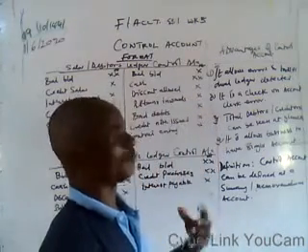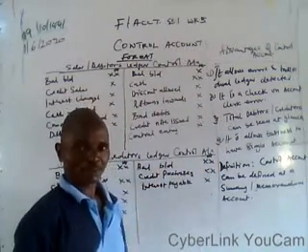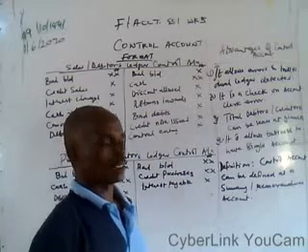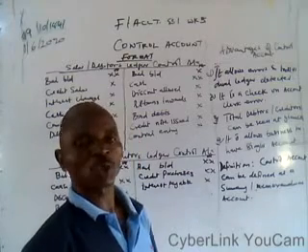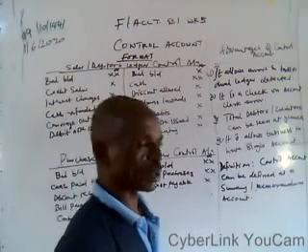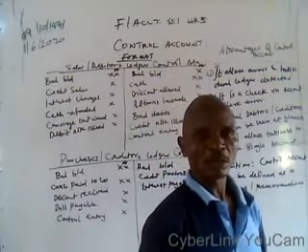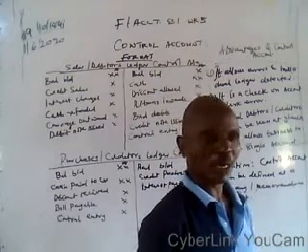Here we have the two types of control account. The first one is the debtors or sales ledger control account.